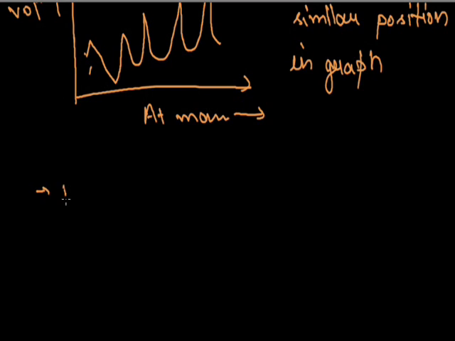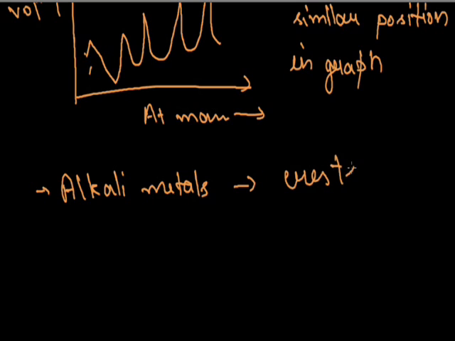For example, alkali metals like sodium, potassium, lithium, rubidium, cesium have large atomic volumes. Thus they occupied the crest. Crest means these positions.